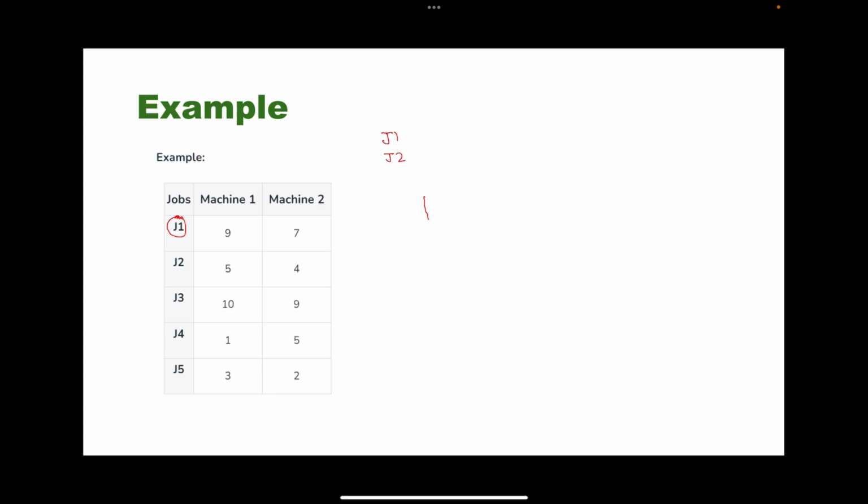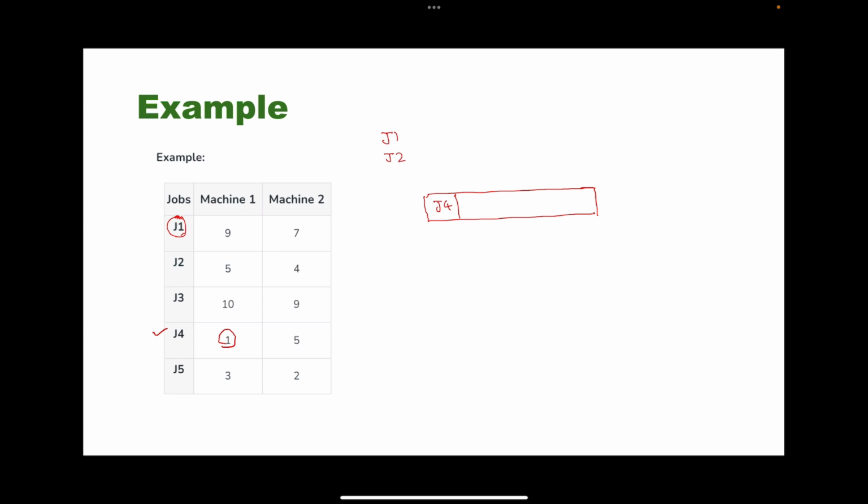we will consider the job which has the minimum, the shortest processing time. You can see that this J4 takes a processing time of 1, let it be 1 minute, in machine 1. So we will schedule it first, that is J4.